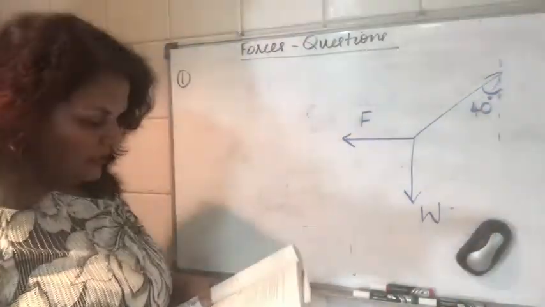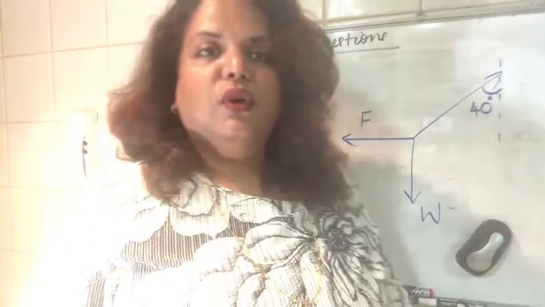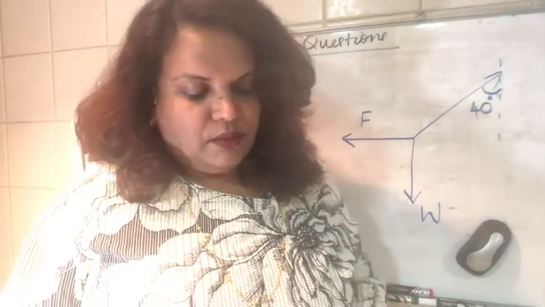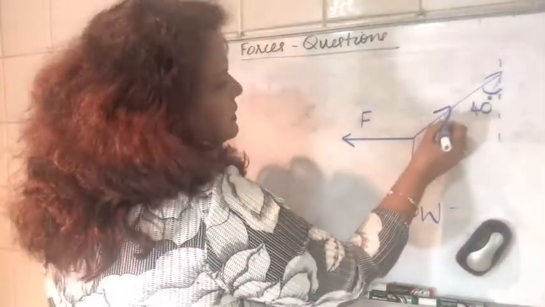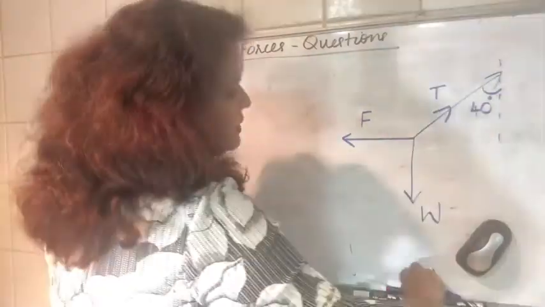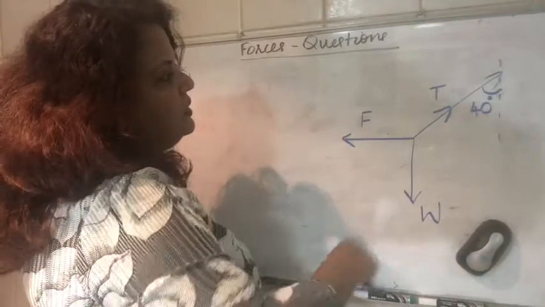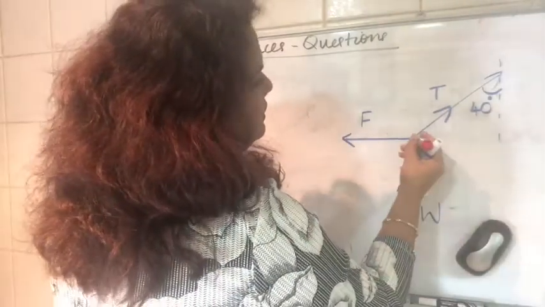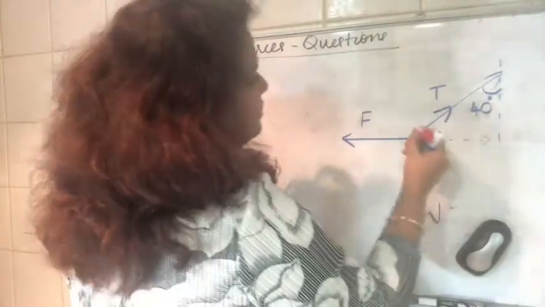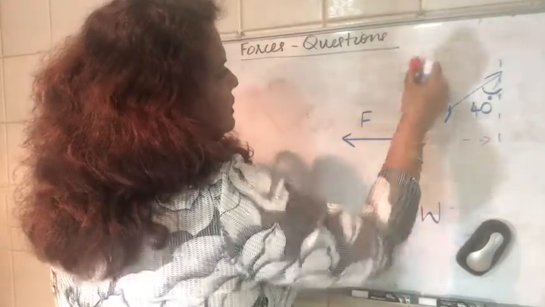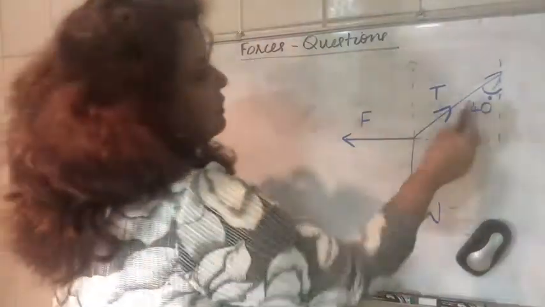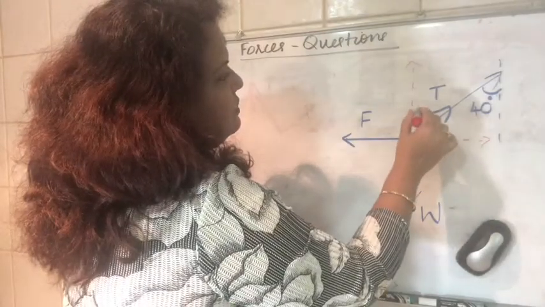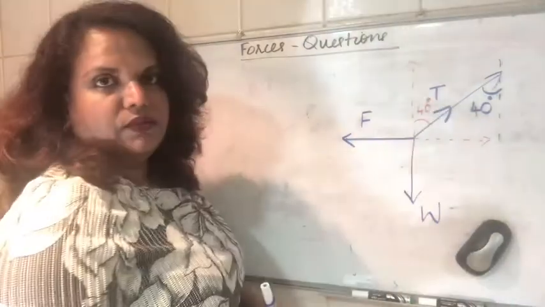Question part A is, write expressions for the vertical and horizontal components of the tension T in the rope. Now here the tension is acting this way, and if you split it into its vertical and horizontal components, this will be your horizontal component, this is your vertical component, right? Now, if this is 40, then this angle is also going to be 40 degrees, right?